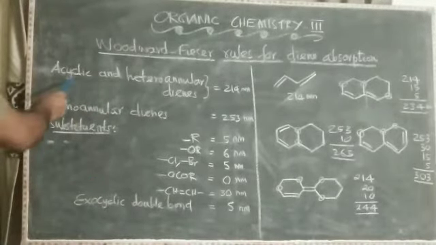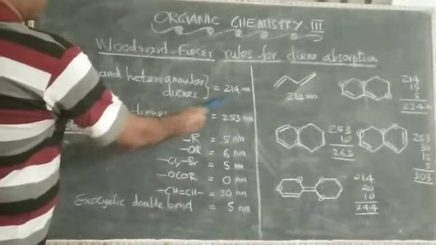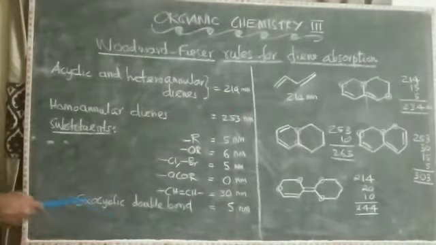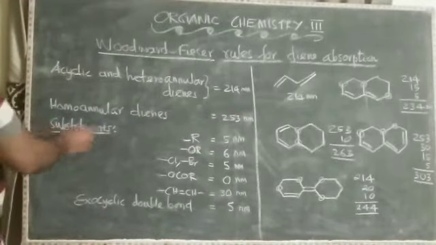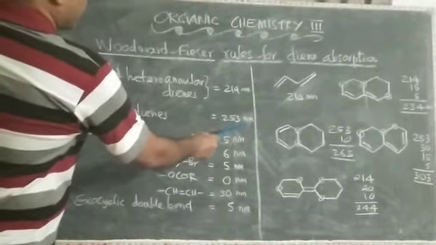First, the acyclic and heteroannular dienes show a basic absorption value of 240 nanometer. Second, the homoannular dienes show an absorption base value of 253 nanometer.